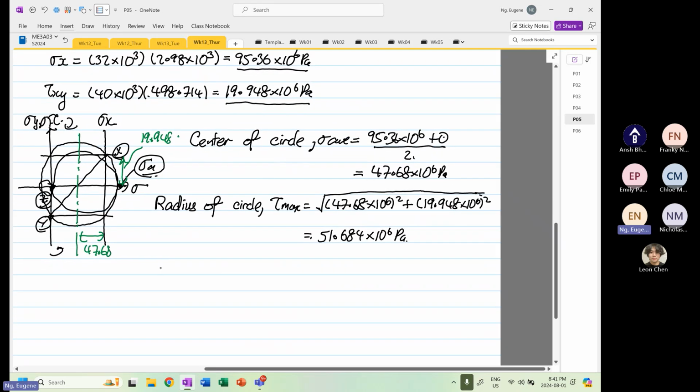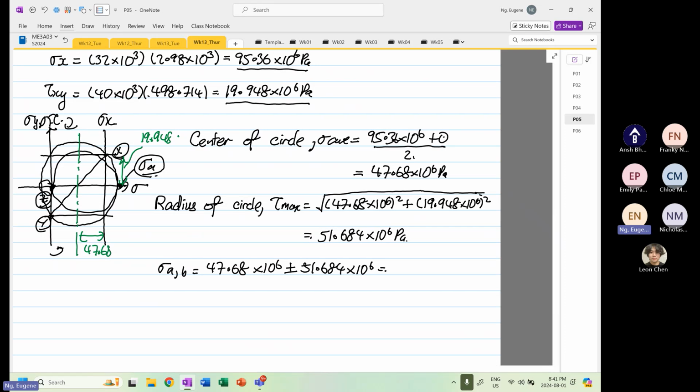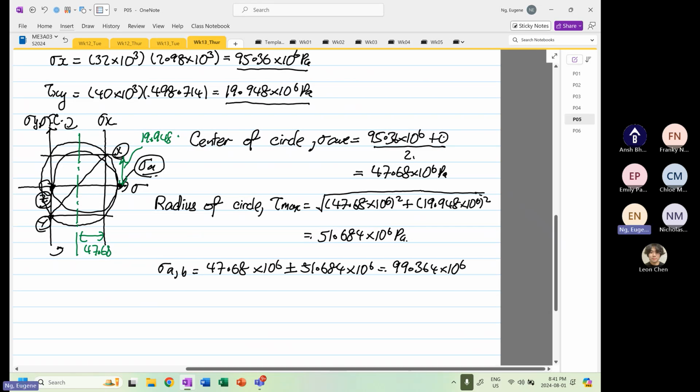So stress A and B is equal to 47.68 plus minus 51.684 times 10 to the power 6. So 47.68 plus 51.684 is equal to 99.364 times 10 to the power 6.